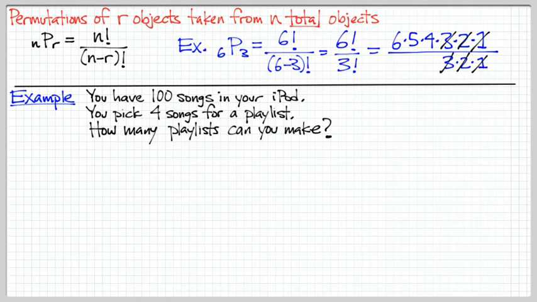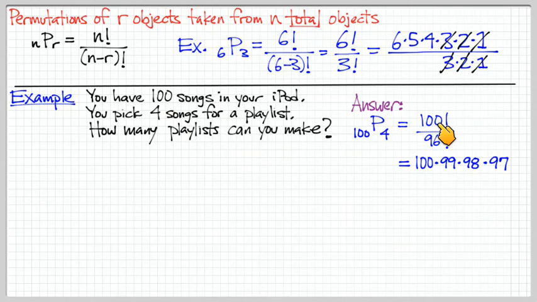Okay, so let's see how we can use this in another example. Say I have 100 songs in my iPod, and I want to make a playlist of 4 songs. And I do care about the order, so order is important. So in this case, I could say that my answer is 100 permute 4. Out of 100 songs, I want to pick 4 in a very precise order.